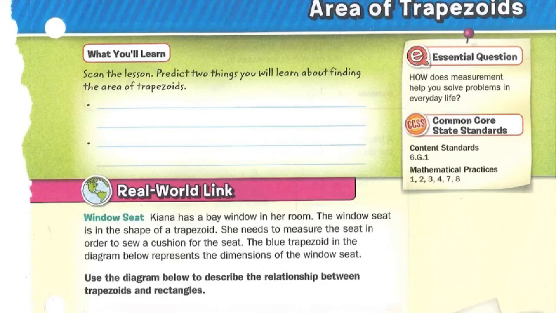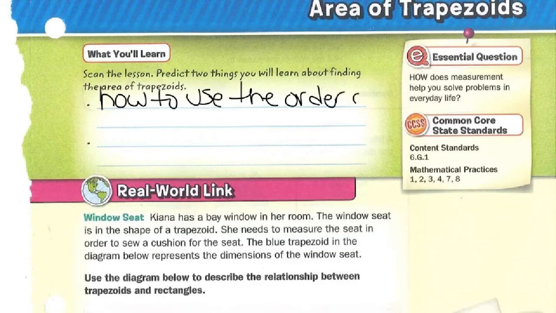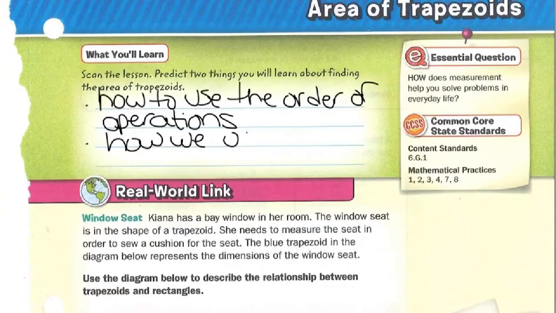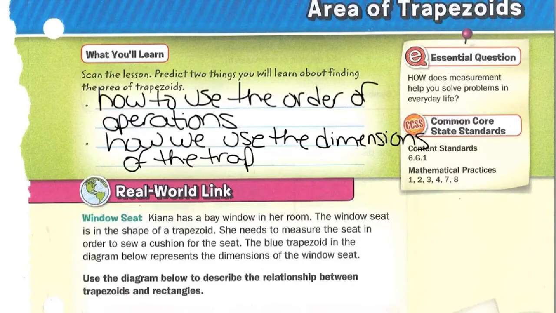You're going to see how we use the order of operations, and how to use the dimensions of the trapezoid to find the area. Those are the things we're going to learn about.